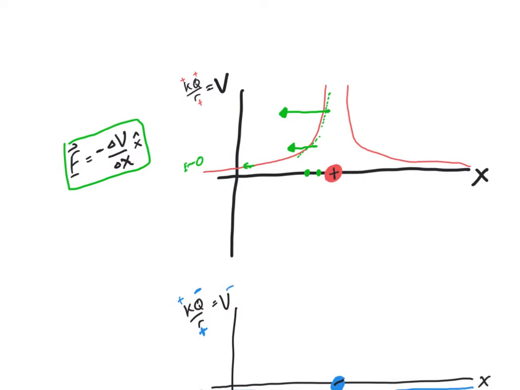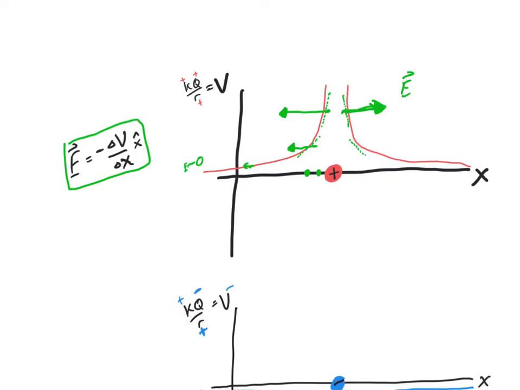On the other side, we've got very negative slopes. Where the slope is negative, we end up with the electric field in the positive x direction. And this is going to be a big one, so I'll make sure I draw it big as well. Those are all electric fields in green.